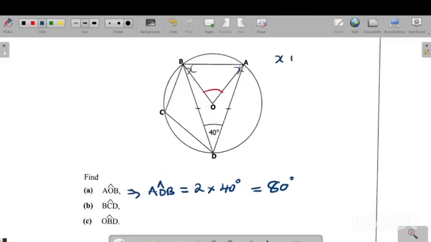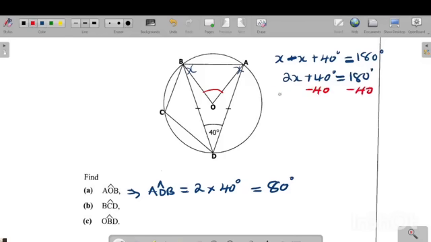So x plus x plus 40 degrees, we should get 180 degrees. When you add these angles, we are supposed to get 180 degrees. So x plus x would be 2x plus 40 is equal to 180 degrees. Let's subtract 40 on both sides.